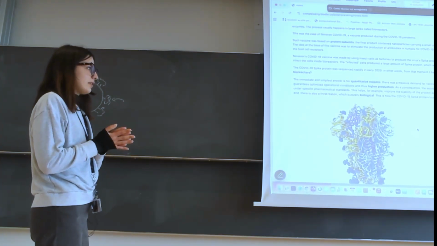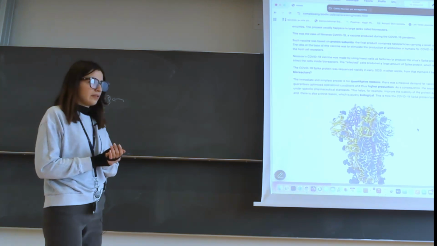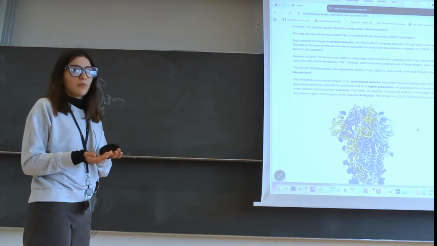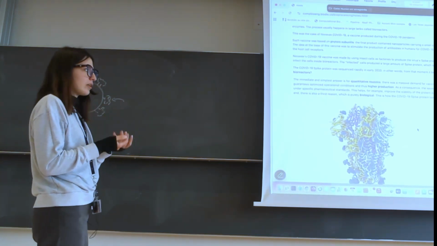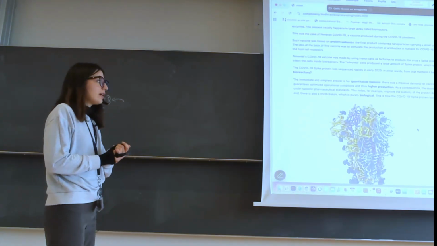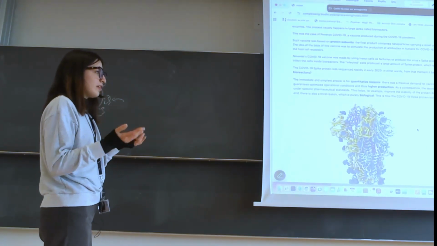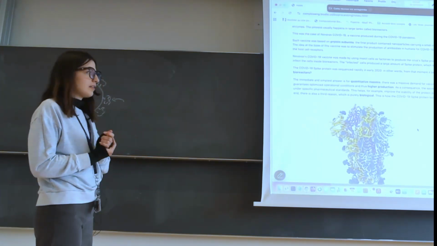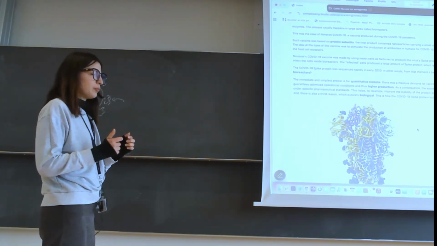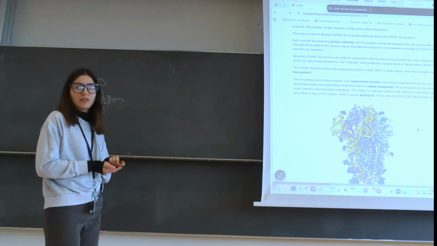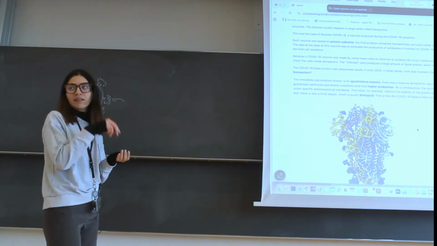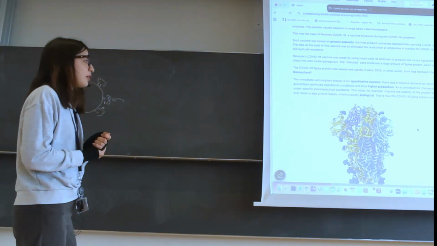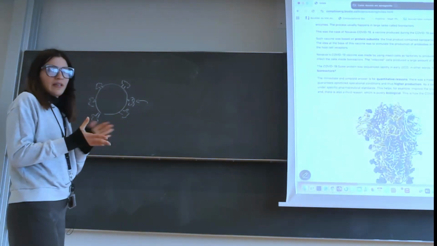And for this, when it was necessary to find a way to block this kind of virus, the first thing that the company tried to do was to find a way to produce some antibodies that can attack this kind of molecule. And how did they do this?